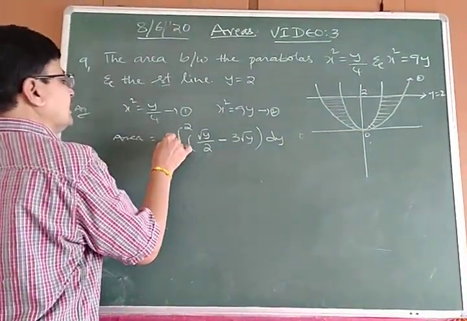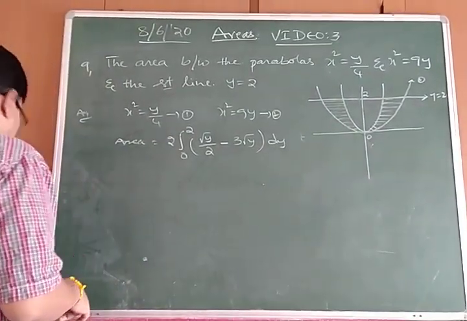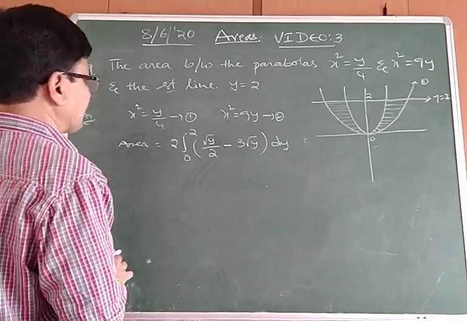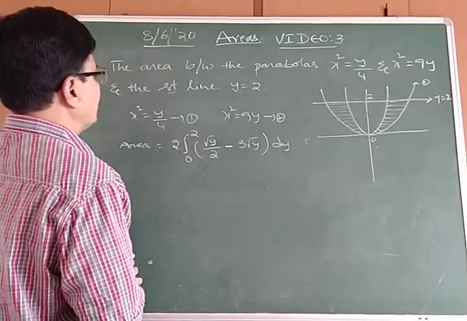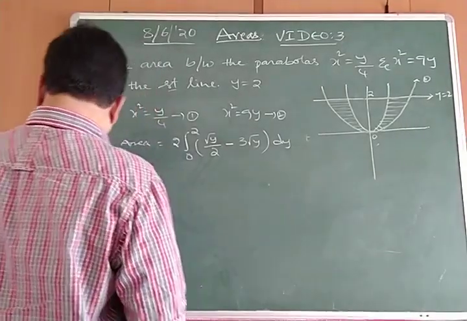So that's why we are taking 2 into integral 0 to 2 of 3 root y minus root y by 2, dy.